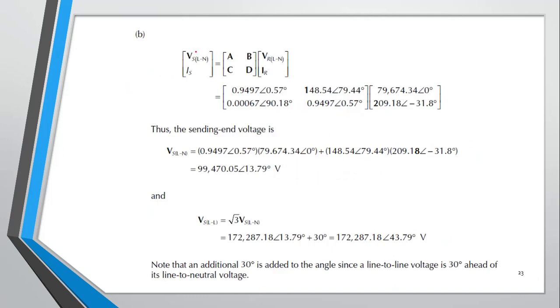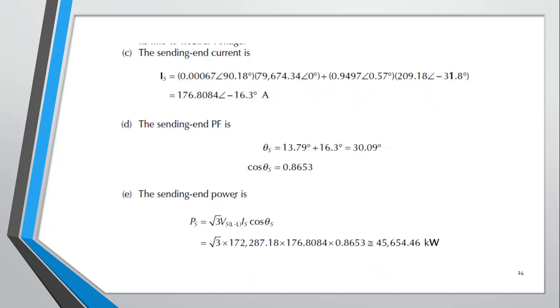From ABCD, we can put this ABCD in this matrix equation: sending end voltage and sending end current equal ABCD times receiving end voltage and receiving end current. If we expand these matrices, we will get the sending end voltage and the sending end current.